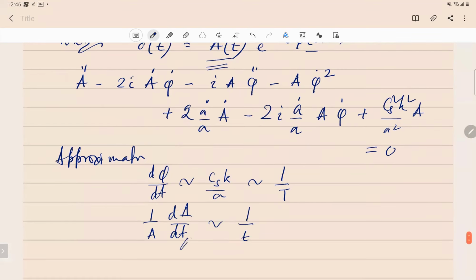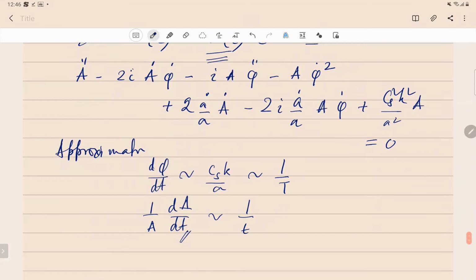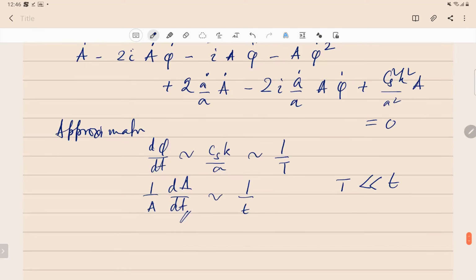And this t is basically the expansion time, right? So what we shall assume is that this oscillation time scale t is much, much less than the expansion time scale. Or in other words, the expansion time scale is much, much larger than the oscillation time scale.